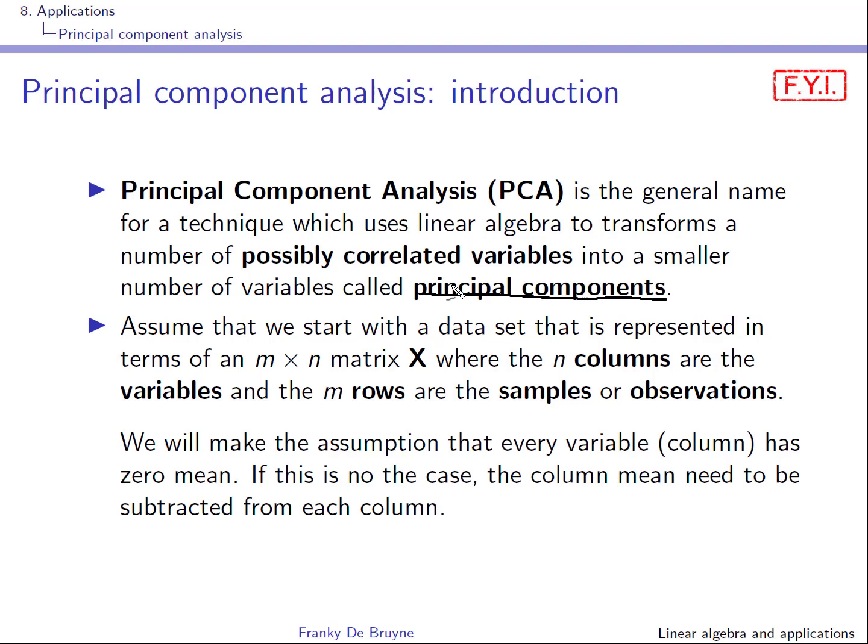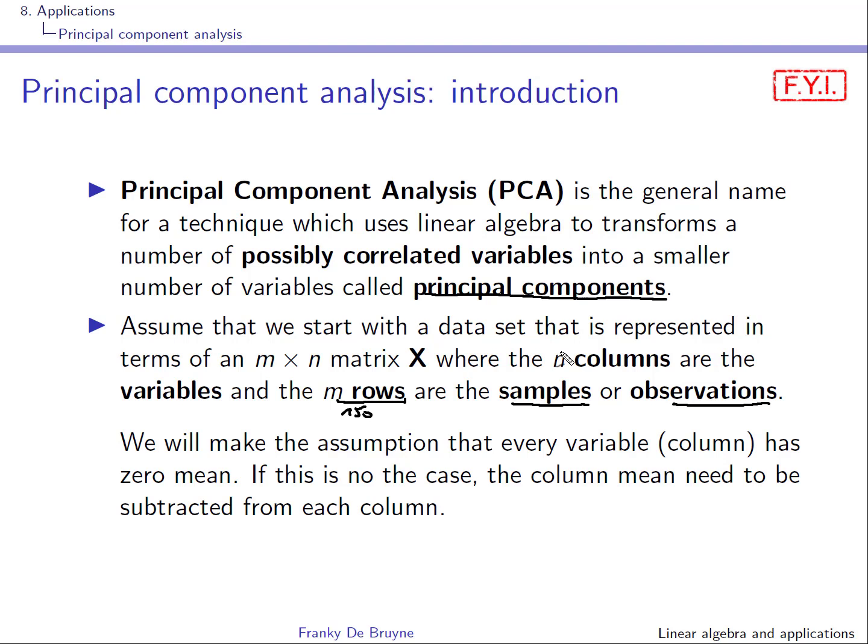I want to give you the general ideas using an example. So we start with data, and this data is organized in a matrix. We say that there will be m rows. In our case, m is 150, and this corresponds to the number of observations or samples, and each sample corresponds to a number of variables, and these correspond to the columns.